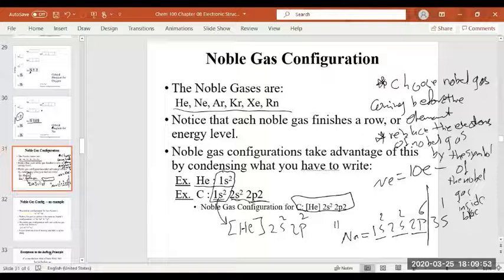So this is the 10 electrons of neon. What we're going to do is put the bracket and replace these electrons by neon. What is left, just write it down: 3s1. So this is the shorthand for sodium.